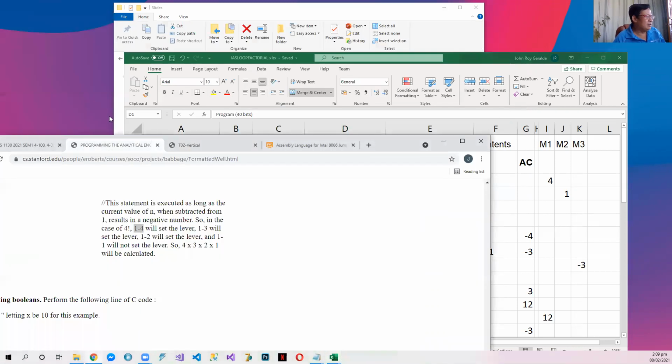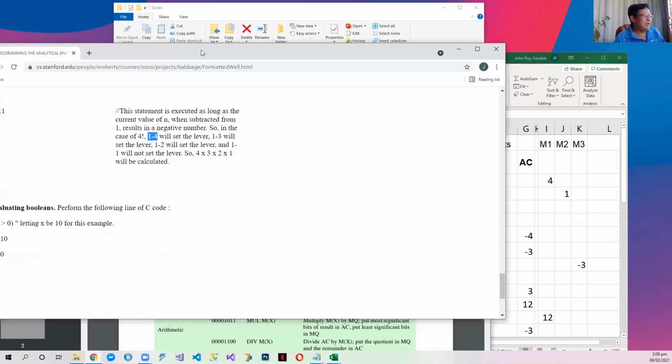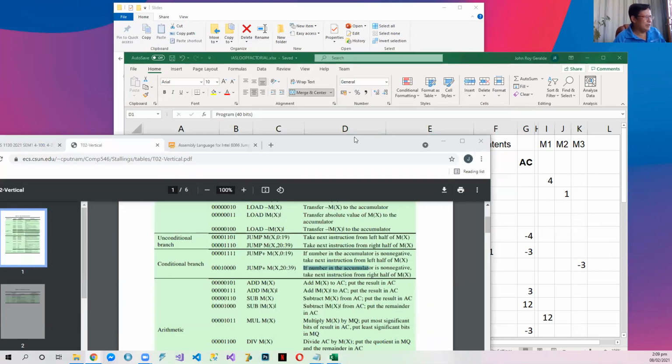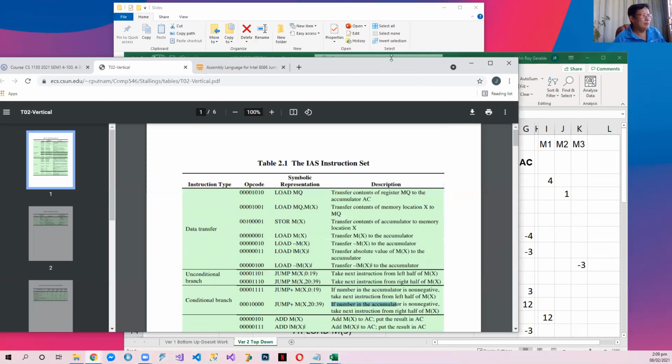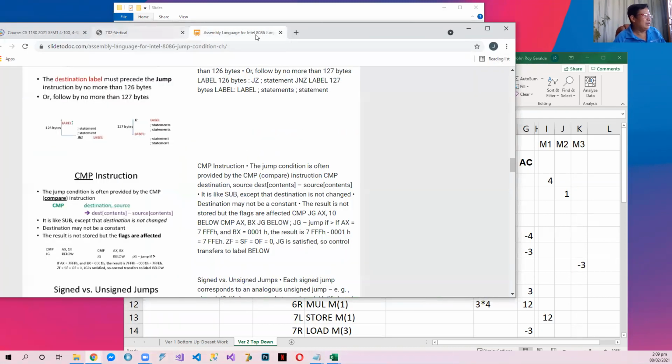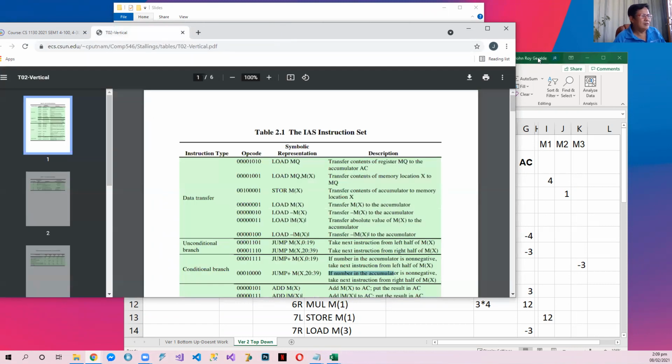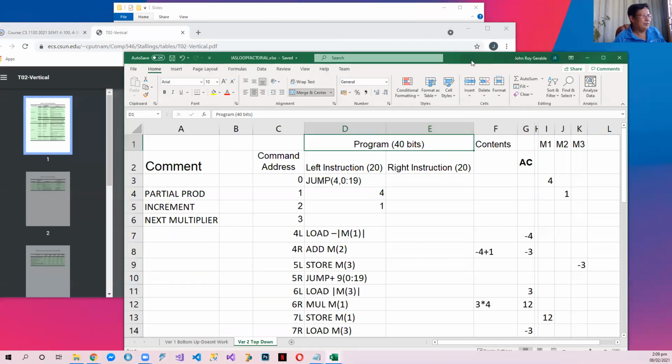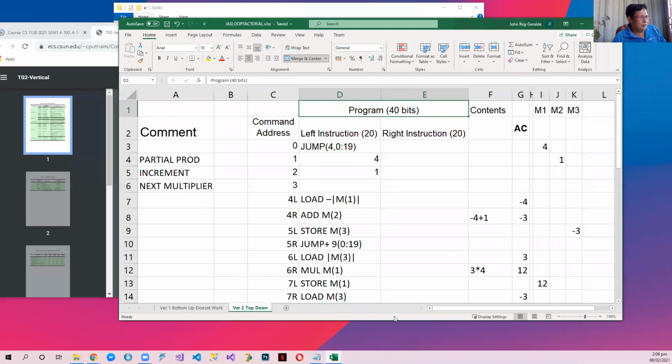The looping concepts apply in any language. Regardless of what language, looping concepts are the same. Okay. So this is a top-down loop.